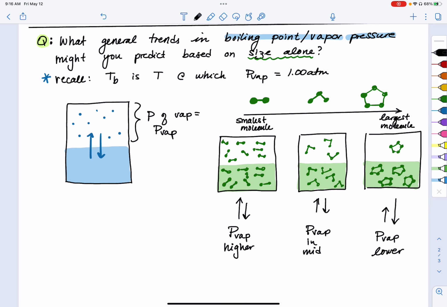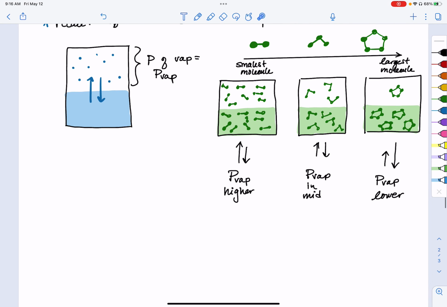So that's vapor pressure. How is that related to the boiling point? So remember, the boiling point is the temperature needed to put every single molecule into the vapor phase. So here, for our smallest molecule, this already favored the vaporization, meaning we've got these molecules in the liquid phase that are moving nice and fast. So if I transfer heat to these molecules, which they can then absorb as increased kinetic energy, they are going to move that much faster, encounter that boundary that much faster, and then vaporize that much faster.